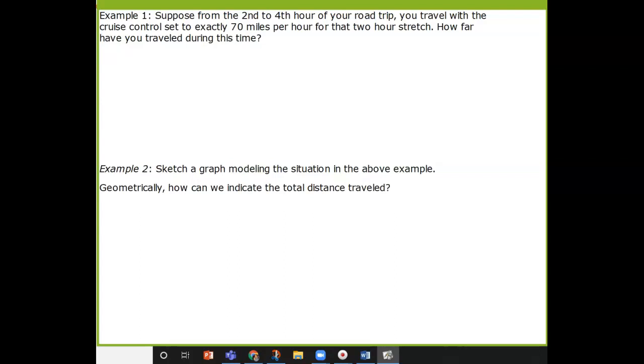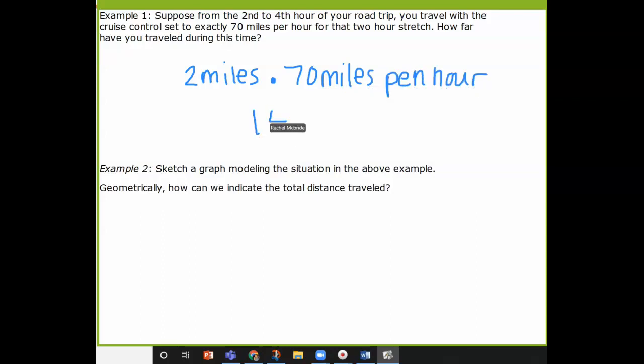Well, if you're traveling for 2 hours at 70 miles per hour, you've driven 140 miles.